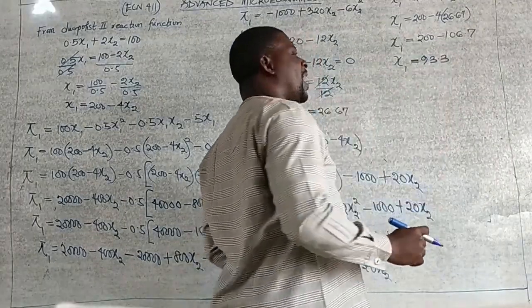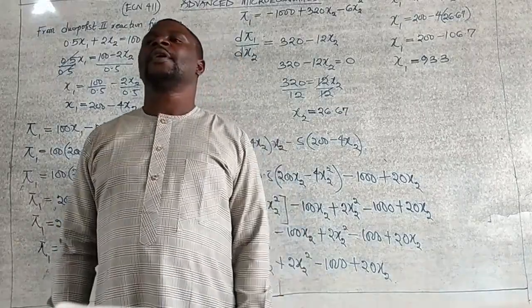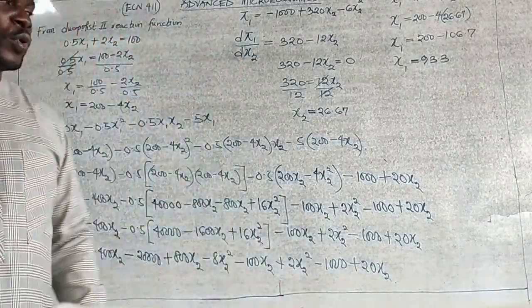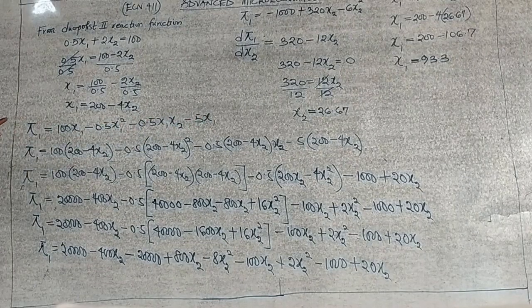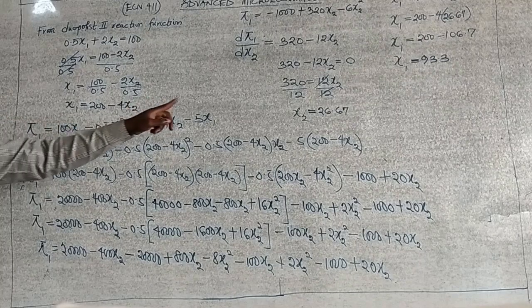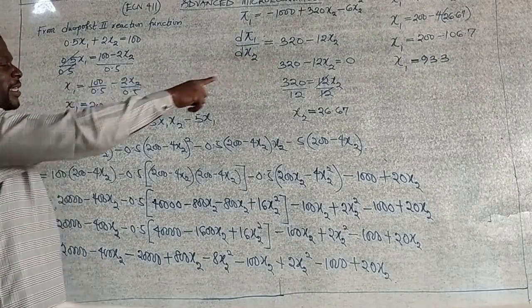So after getting my x1 and x2, I will now get profit. How do I get profit? Very simple. You know that this is the profit function of the police one. Now you want RVS. So for this profit 1, where you see x1, what will you put there? 93.3.